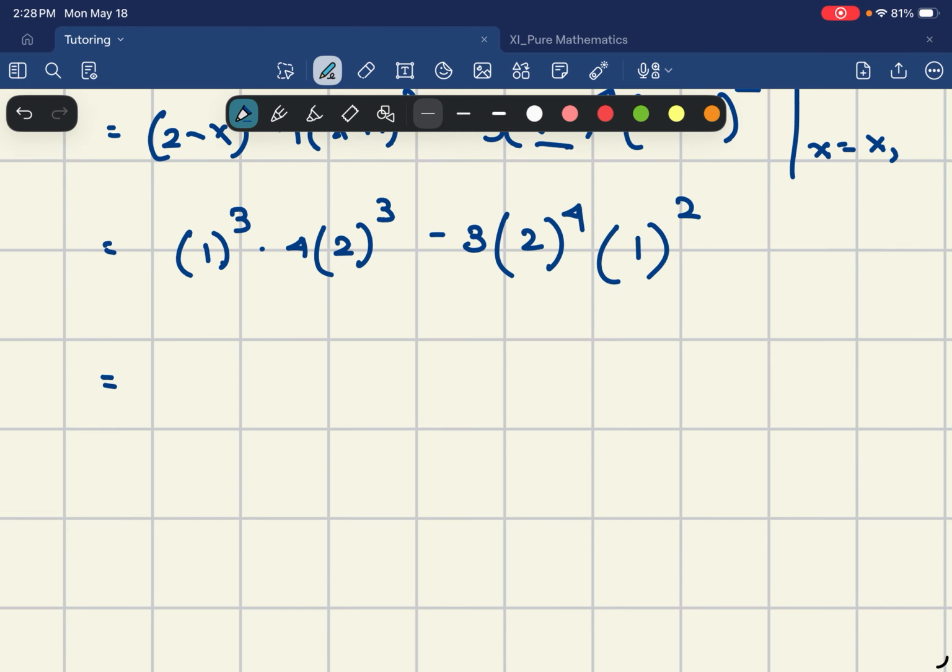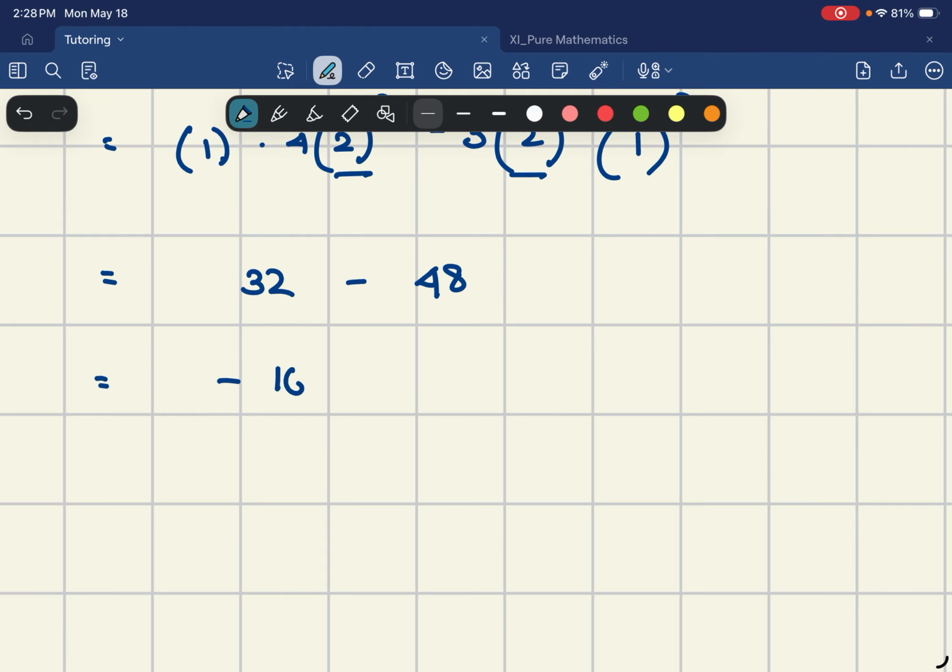So that is going to give you 8 4s is 32, right? And this is going to give you 16, and 16 3s are 48. So that gives me, I believe, negative 16.